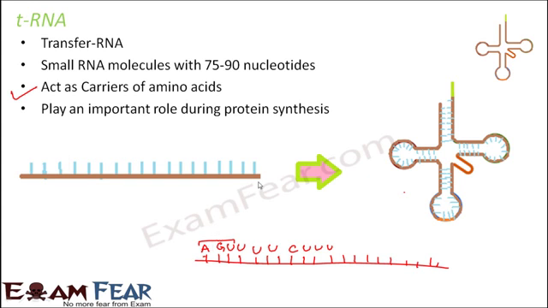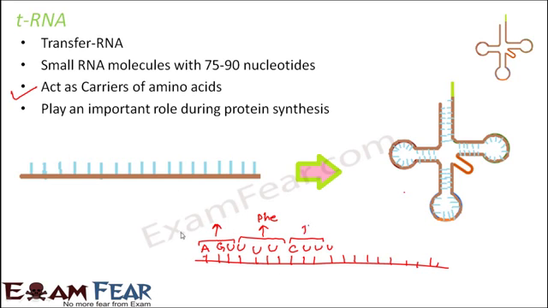corresponding amino acid, it will try to bring that amino acid and then connect it to this. So let us suppose AGU is for whichever amino acid, it will connect it to that. Again, U. Let us suppose it is for phenylalanine. So it will connect it to the phenylalanine. Again, CUU. It will see whichever amino acid it is. So it will connect it to that amino acid.